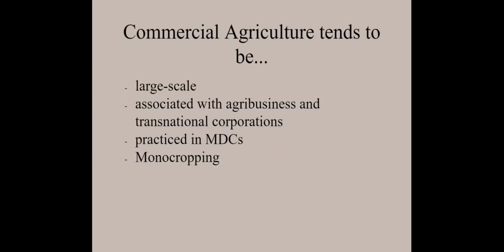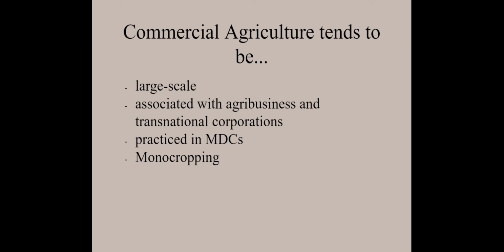Commercial agriculture tends to be done at a large scale and is associated with agribusiness and transnational corporations, or at least national corporations. Companies like Monsanto and Cargill, some of the major food producing companies, have their hands in a lot of different products and crops, and they tend to grow lots and lots of the same thing within their operations.